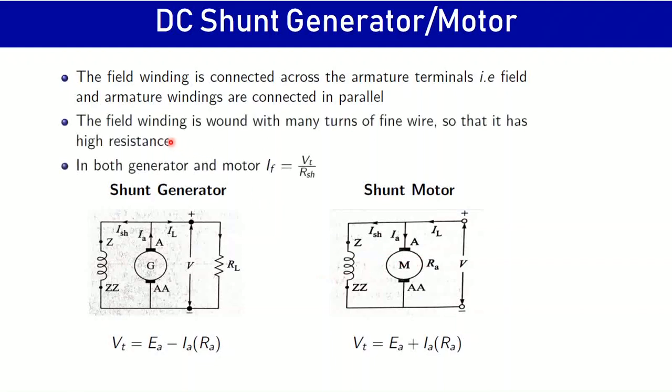So the field winding is wound with many turns of fine wire. So the resistance of shunt winding is high in this case. So that accordingly, by applying KVL, we can obtain the expressions for the terminal voltage in the case of a shunt generator and a shunt motor.